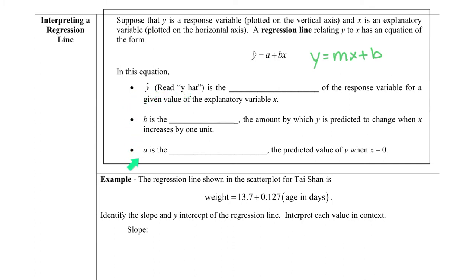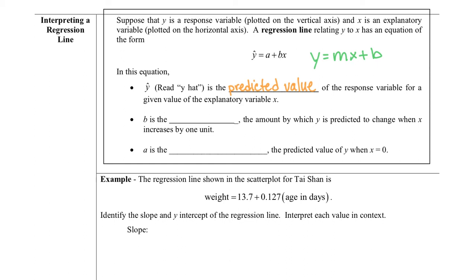So let's just look at how these two equations are connected. Y hat is the predicted value of the response variable for a given value of the explanatory variable. So what we're saying is we can predict using our regression line what a value of y might be, even if it's not part of our scatter plot.